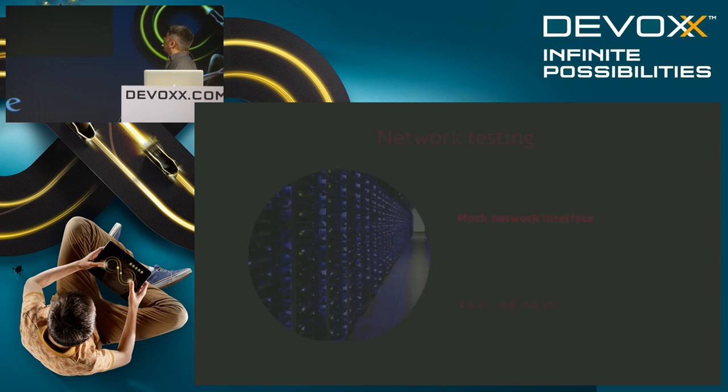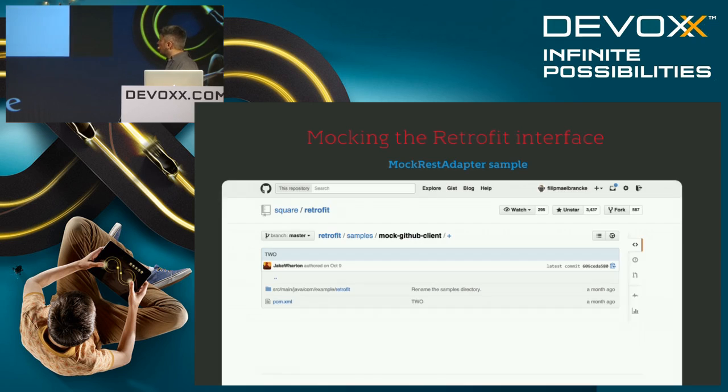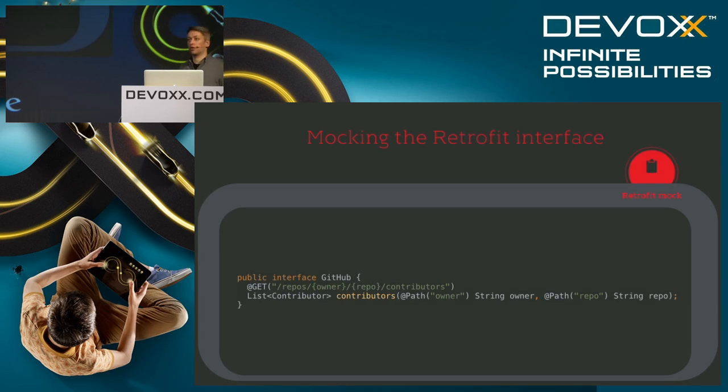Now, for mocking a network interface with Retrofit, there's a very good example in the Retrofit documentation, which you can find as part of their repo. So I don't need to go very deep into it. Basically, the sample is, say, you want to use a certain API of GitHub. You want to get a list of contributors to a certain repository.